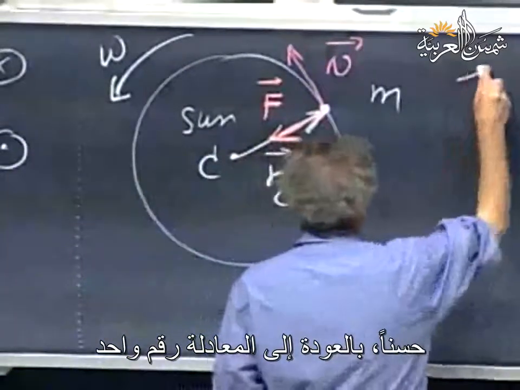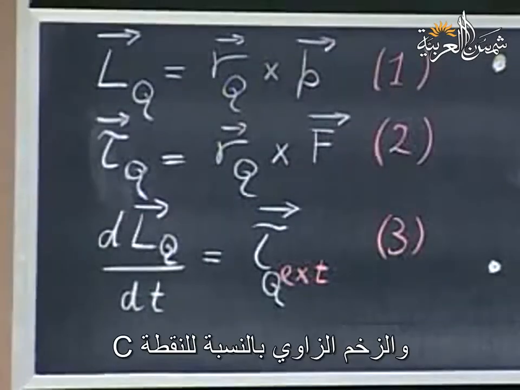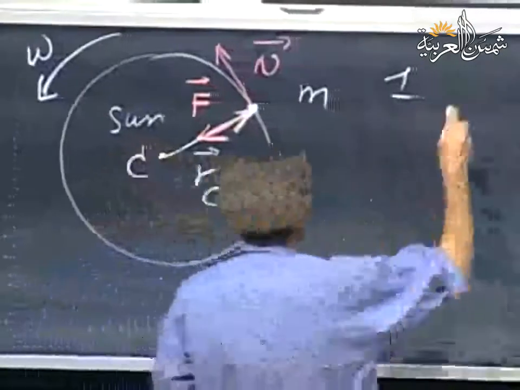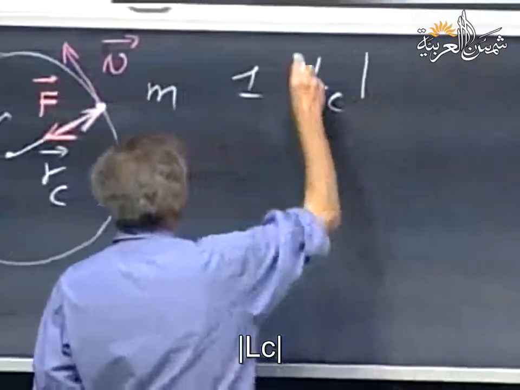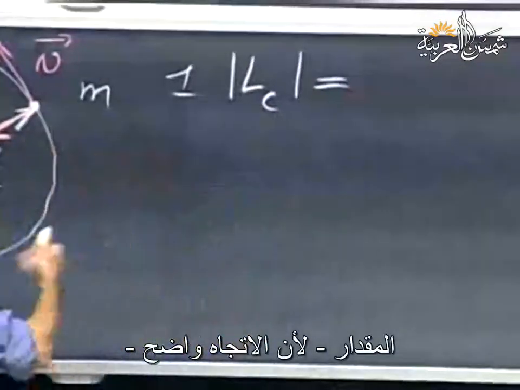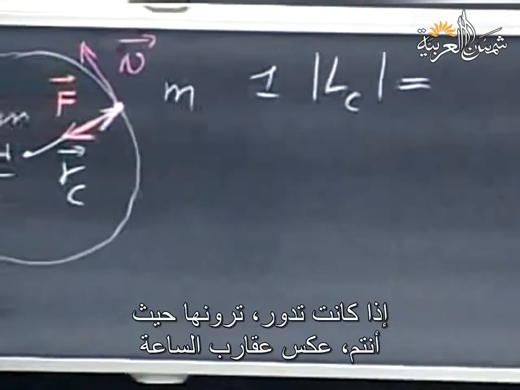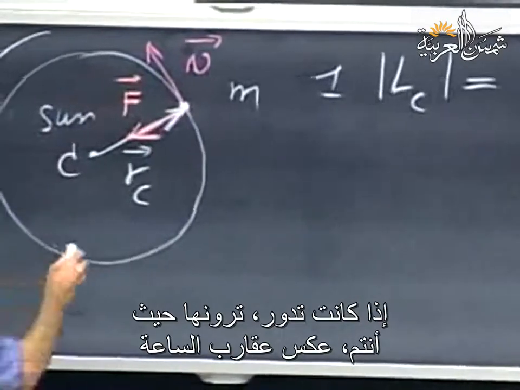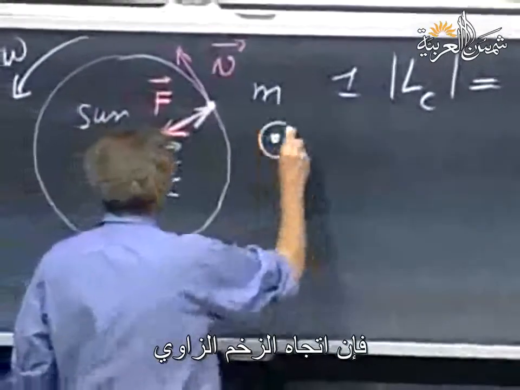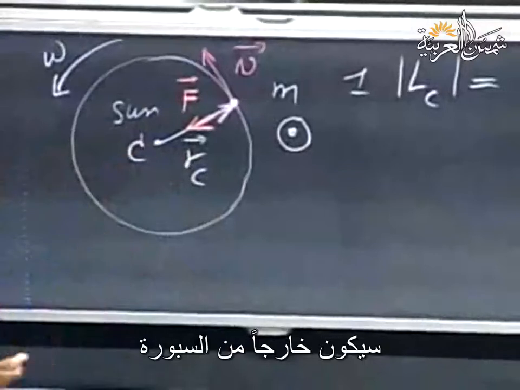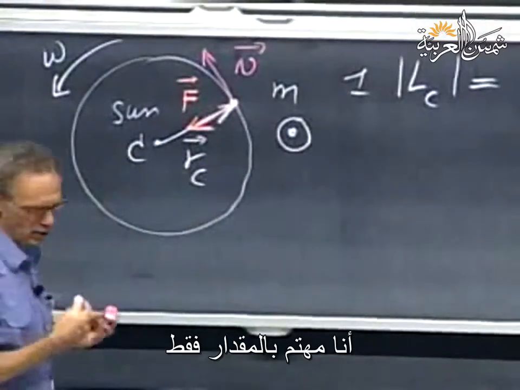Well, go to equation number 1, and the angular momentum relative to point C, L relative to point C. The direction is clear: seen from where you are, it's going counterclockwise, so the direction of the angular momentum will be pointing out of the blackboard. So I'm only interested in the magnitude.